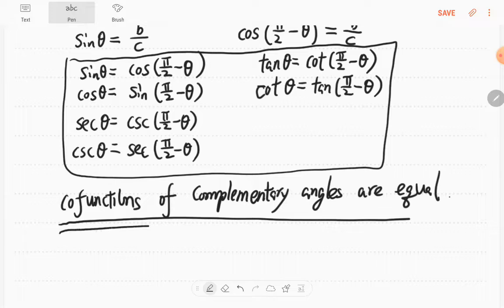Very important result. The cofunctions of the complementary angles are equal. So one of the functions is the cofunction of the other one, and the angles are the complementary angles.